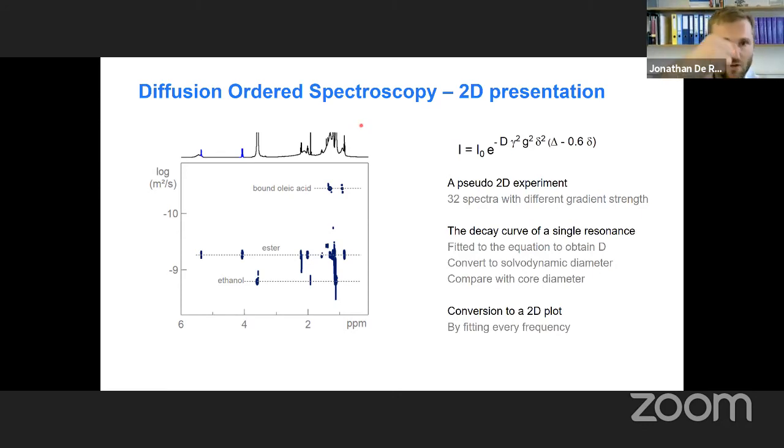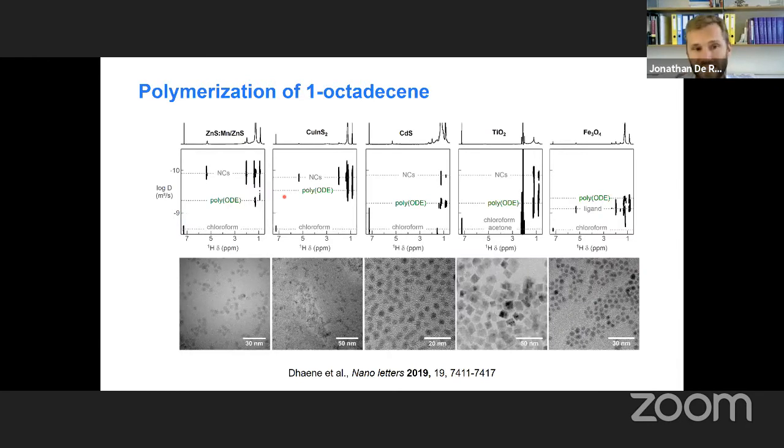And with those, we can separate those according to their diffusion coefficient. So here we see the ester. Here we see ethanol, and here we see bound oleic acid. And we can really disentangle those 3 contributions. And we have used that to, for example, detect polymerized octadecene in the presence of nanocrystals.